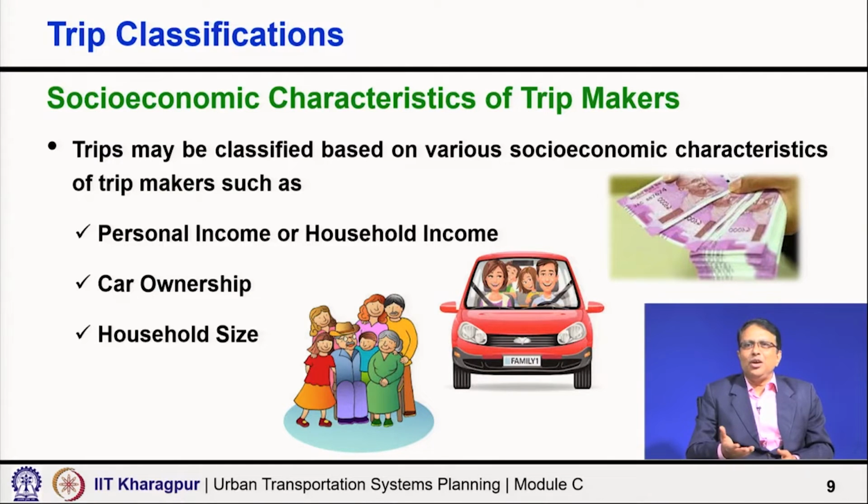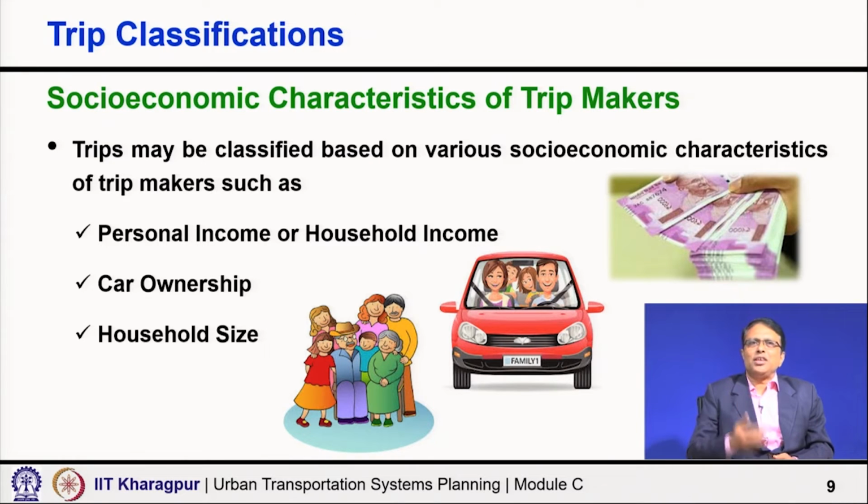If you have a vehicle of your own, you are a choice rider for public transport, because public transport is a matter of choice for you. You may go, you may not go. Even if you do not go to public transport, you have your vehicle, you can travel. So, you are a choice rider. If I do not have a car, then I am not a choice rider. Why? Because I have to use only public transport.